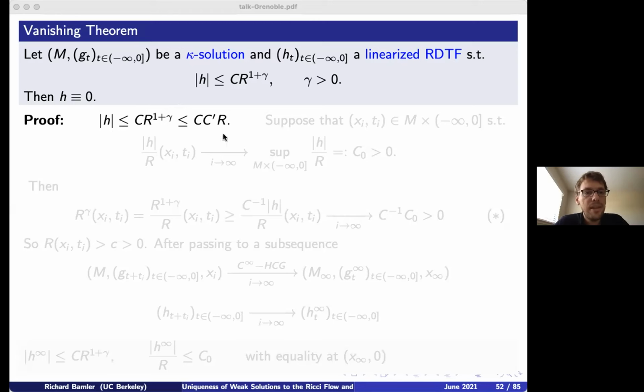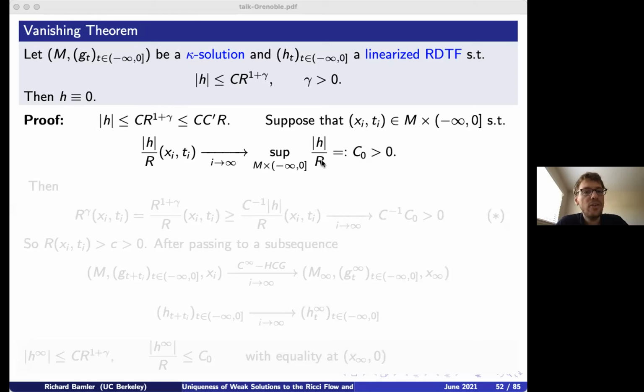And now let me look at the quotient of H divided by R. And I'm going to assume that H is non-zero. So that means I can find a sequence of points xi, ti, such that this quotient converges to the supremum of the quotient over the entire kappa solution. Just choose a sequence of points xi and ti so that we have this convergence.